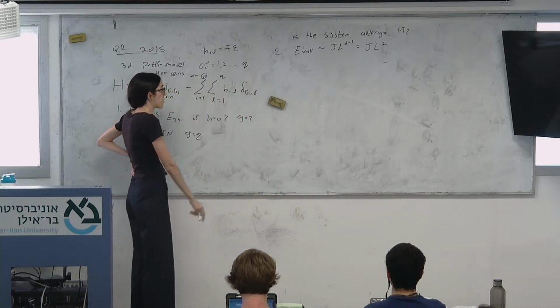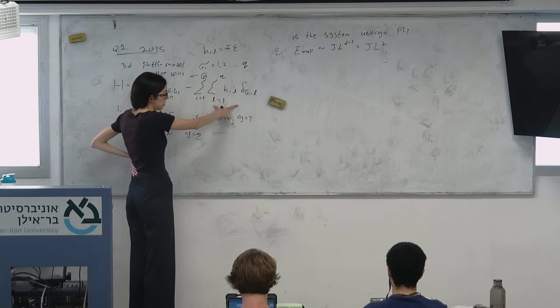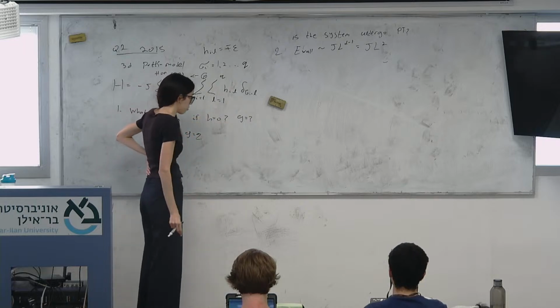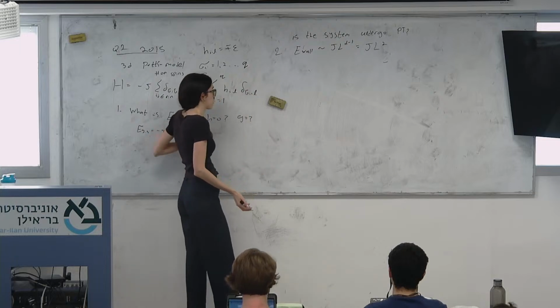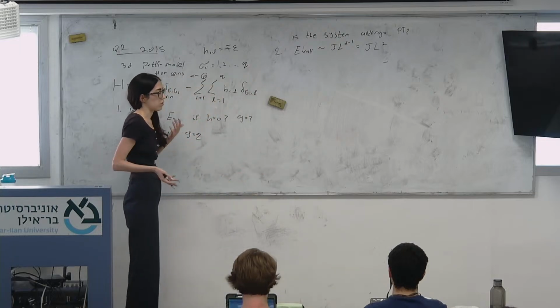Now let's look at the expression of the field. Again, this is very similar to what happened in the Ising model, but we have two summations here, so it can look confusing.